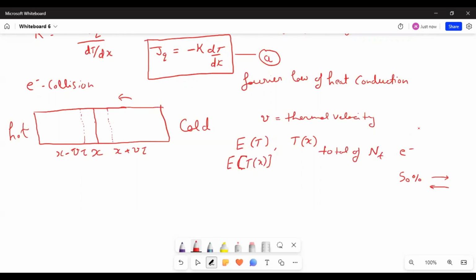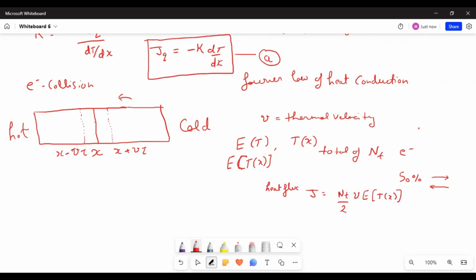In that case, the heat flux is defined as J equal to the total number of particles divided by 2, because the probability is half, times velocity, times energy, which is again a function of temperature, T of x.